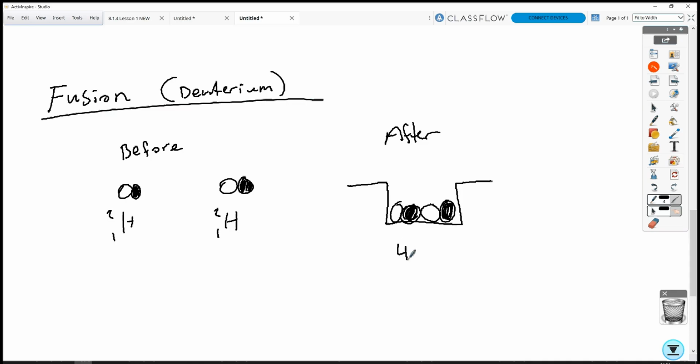That becomes He, 4, 2, plus some energy, because this has less mass than before.